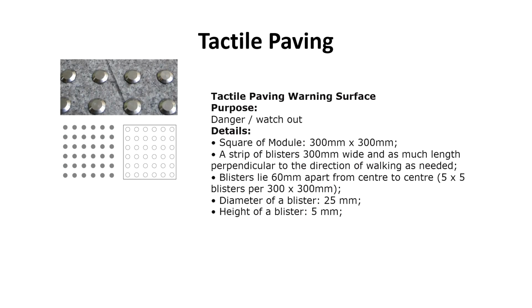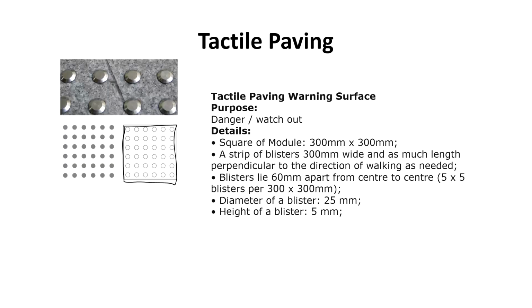Okay, you must have seen these. So these are some of the tactile paving options. This is one kind of material, which is in metal. We also have some tactile parts which come in the form of tiles.